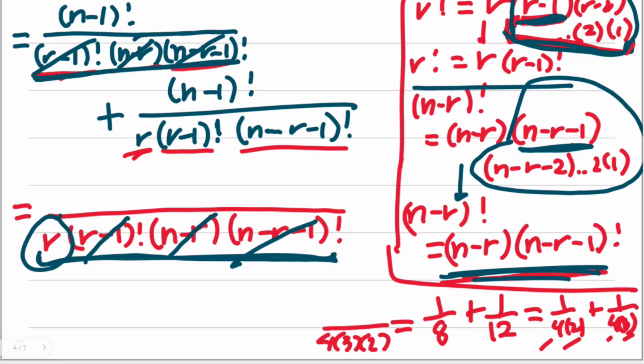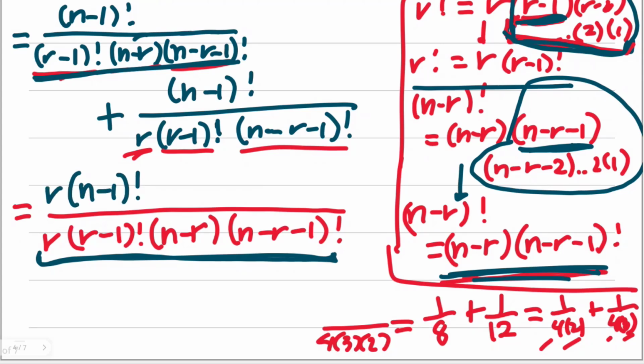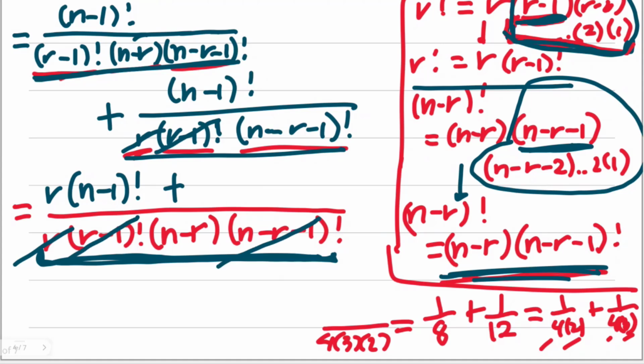That is what we need to multiply for our numerator, which is n minus 1 factorial. So you have here r times n minus 1 factorial plus, for the second rational expression, all of this to be divided with this form. So you have r minus 1 factorial, n minus r minus 1 factorial. What remains is this. That will be multiplied to our numerator, which is n minus 1 factorial.